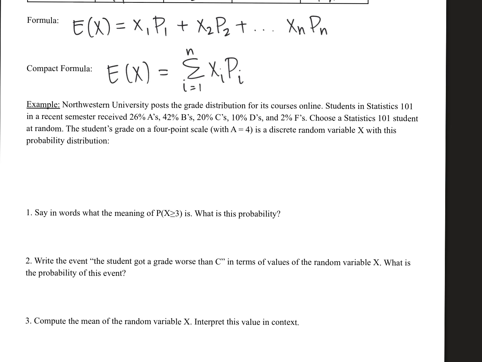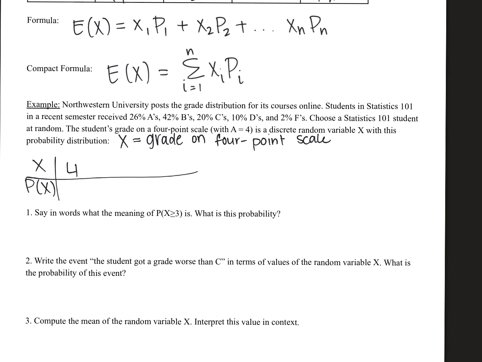So we have to say what x is. It's their grade on a 4-point scale. So we have x and our probability. If we start with A represents a 4, B is a 3, C is a 2, D is a 1, and F is a 0.